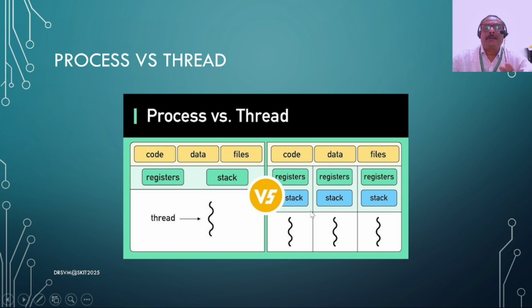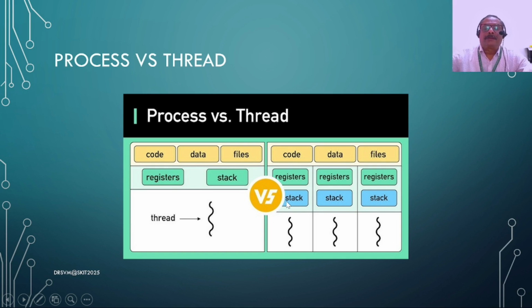But if we use the same process in terms of threads, then there are multiple threads. For each thread a separate stack is there, and for each thread separate memory is allocated to have its own register contents.